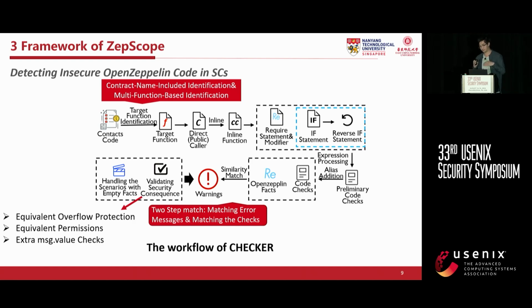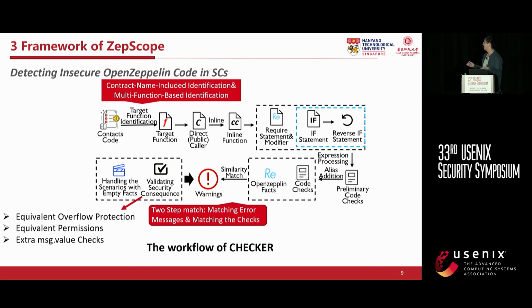So for the checking part, when there is code that needs to be checked, we are doing similar things. We just extract all the facts from the given code and compare whether it is similar to the facts from the secure implementation. But there is something different. For example, for the overflow and underflow problem, if you are using a higher version of Solidity compiler, such as a version over 0.8.0, there is a built-in security checker from the Solidity compiler.